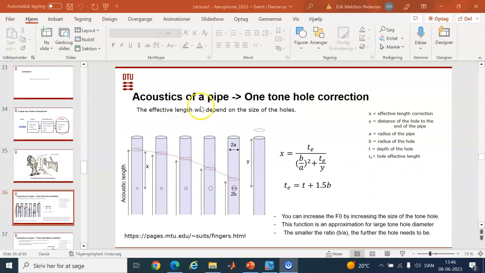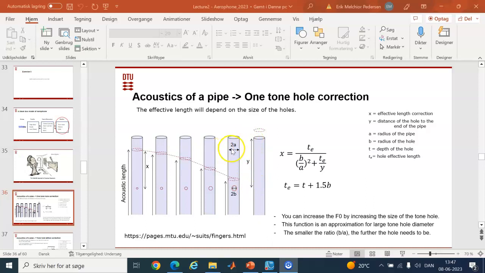Acoustics of a pipe, one tone hole correction. Here we have acoustic lengths, it's called effective length correction. Y is the distance of the hole to the end of the pipe.